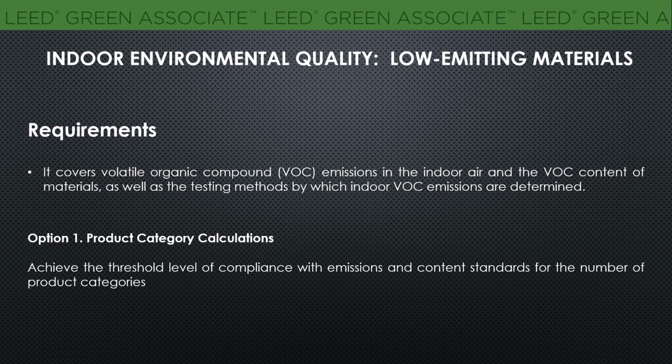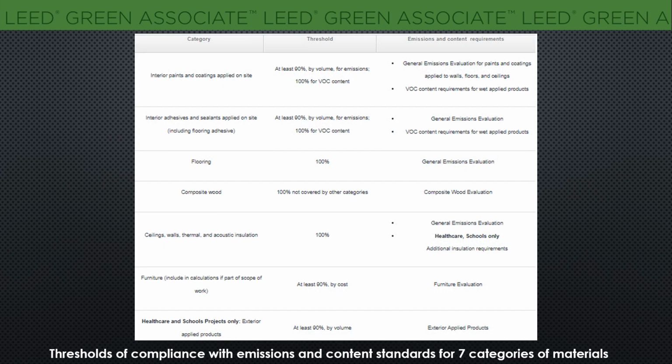Now let's move on to option 1, which is product category calculation. Achieve the threshold level of compliance with emission and content standards for the number of product categories. Different materials must meet different requirements to be considered compliant for this credit. The building interior and exterior are organized in 7 categories, which can be seen here.